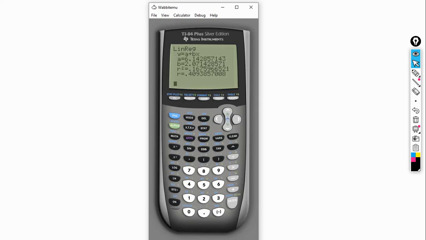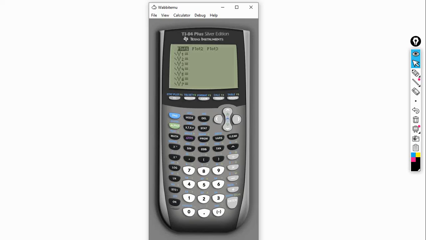Notice that we have y equals a plus bx. The a value should be 6.14 and b would be 2.071. So we're going to graph y is equal to 6.14 plus 2.071x, right? So let's go to y equals and plug that in.